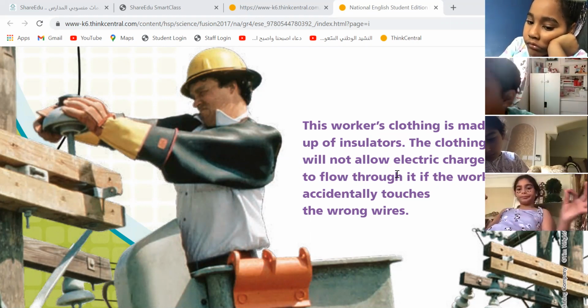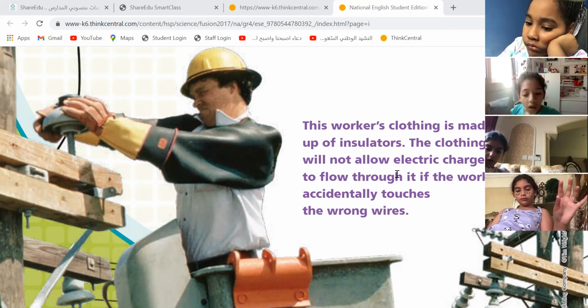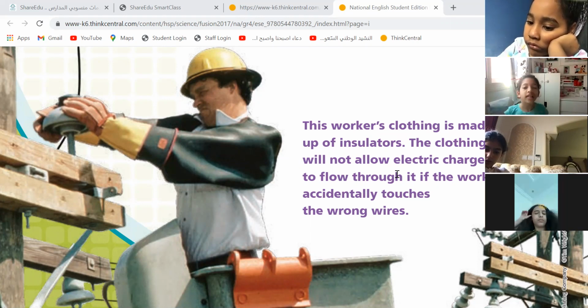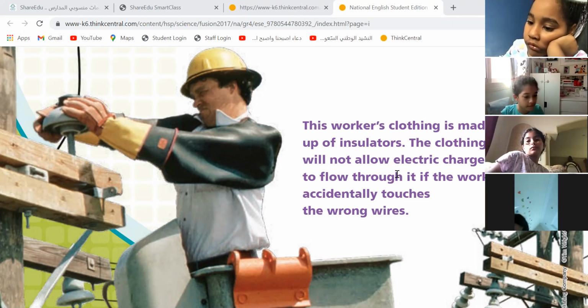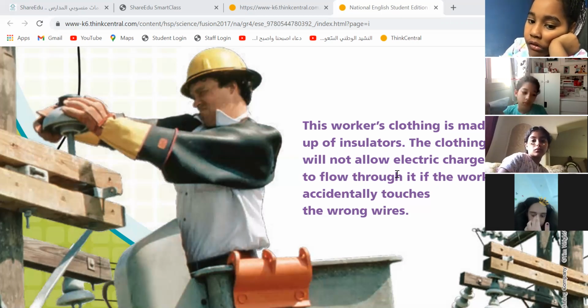What do you think? It's heat and electricity. Excellent. So heat doesn't move from one place to another. Not only electricity, my love, also heat.